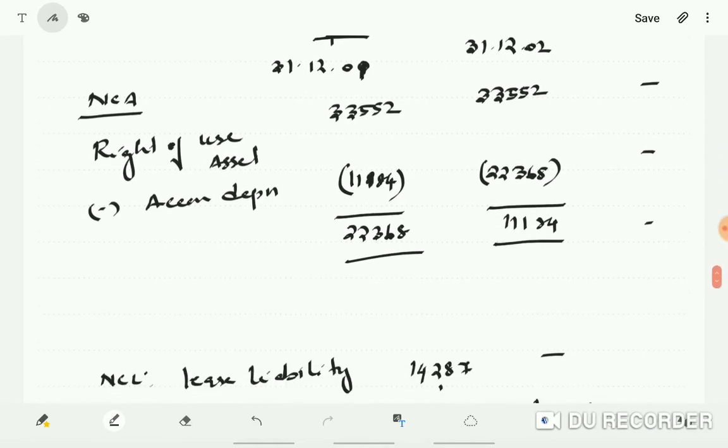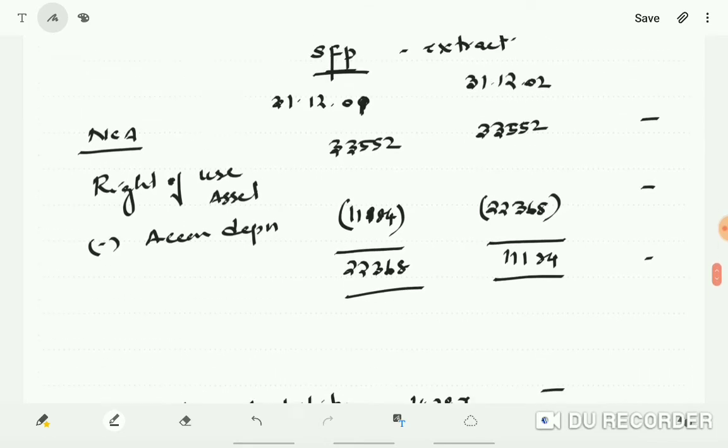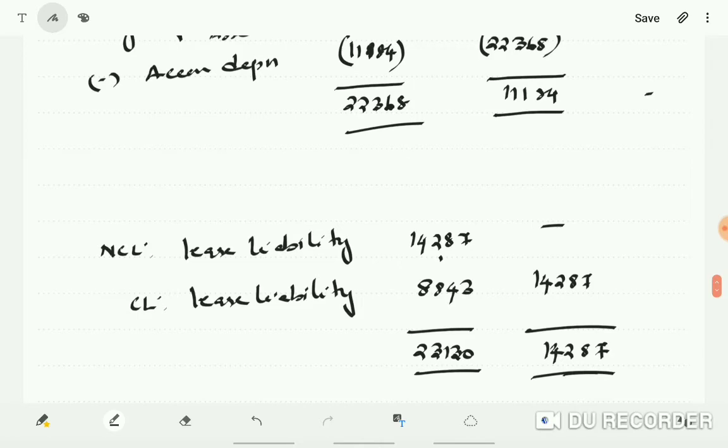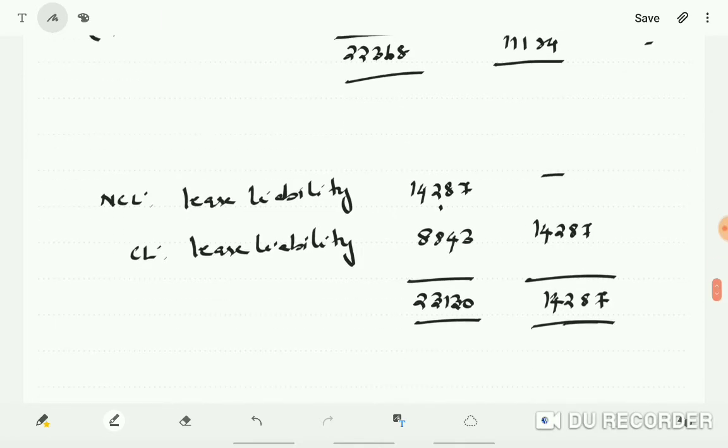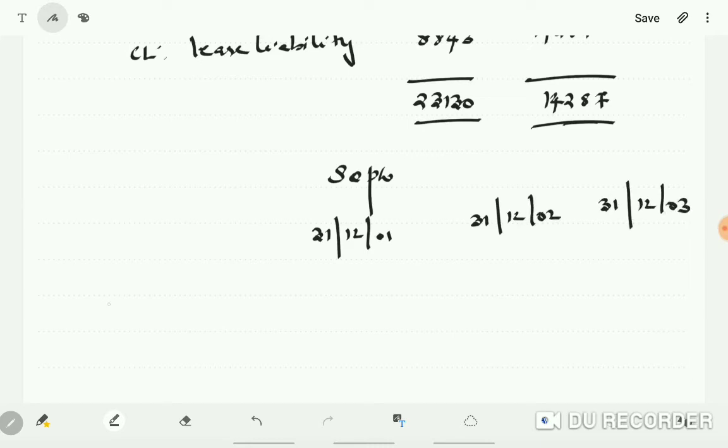Non-current asset: right of use asset minus depreciation, and then the lease liability, which you have to split into current and non-current. Next one, SOPL, for 31st December 2001, 2002 and 2003. Two expenses will come: one is finance cost, the next one is depreciation.